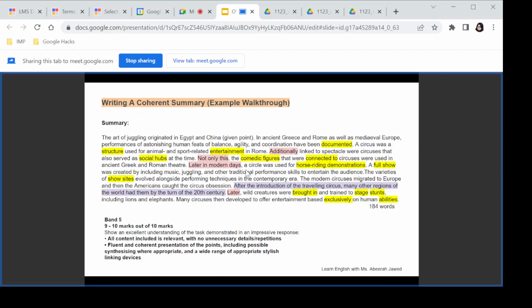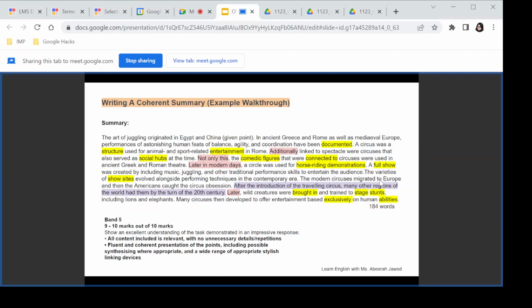Later in modern days, a circle was used for horse riding demonstrations. A full show was created by including music, juggling, and other traditional performance skills to entertain the audience. The varieties of show sites evolved alongside performing techniques in the contemporary era. Contemporary era, modern era, modern times.